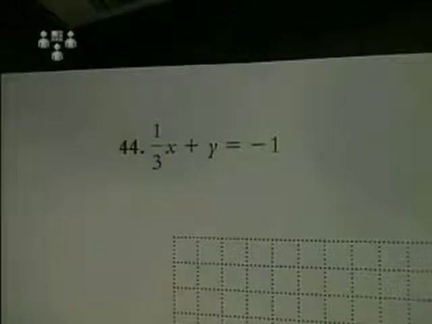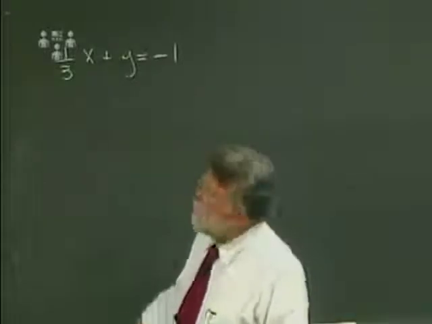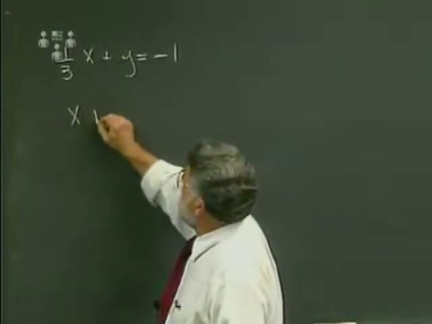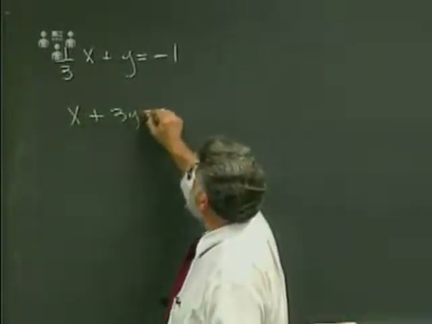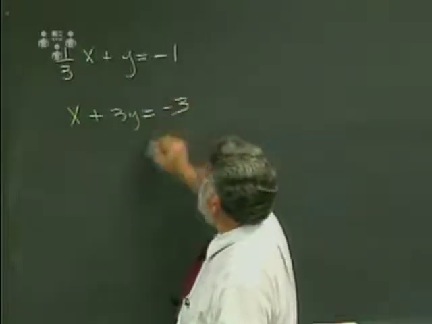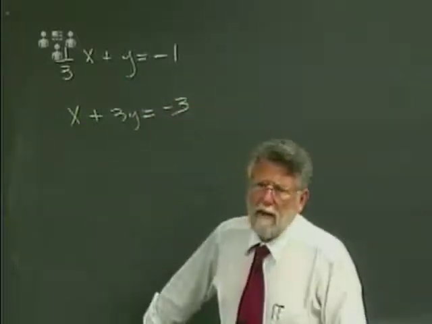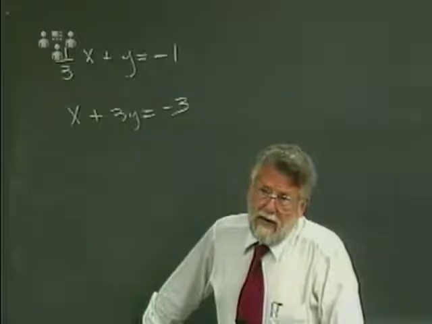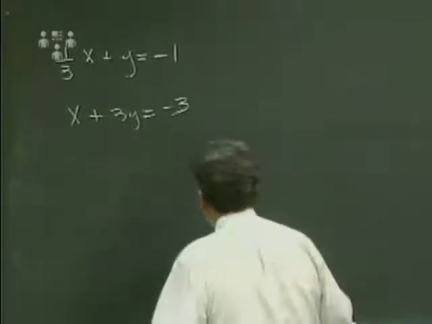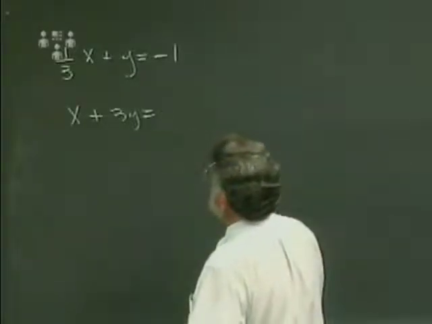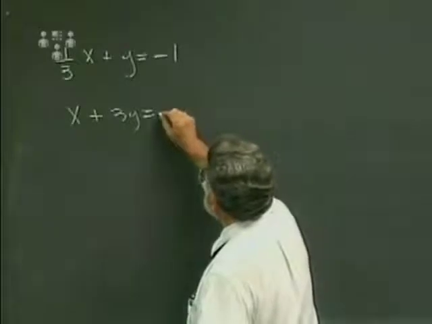Okay, let's try 1/3 x plus y is equal to negative 1. Now, I heard a suggestion: multiply both sides by 3. Okay, x plus 3y is equal to negative 3. I can go with that. Do you gain anything? Well, it depends whether you like the 1/3 or not.